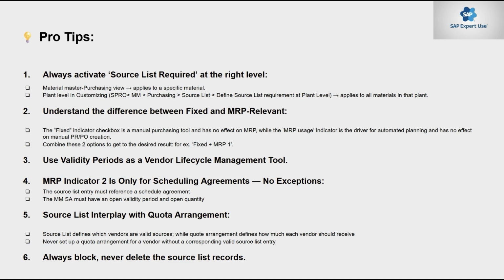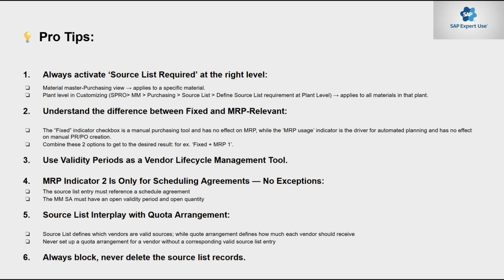There is always the question whether to block or delete a record in the source list. When a vendor relationship ends or a source needs to be temporarily suspended, consultants often debate whether to delete the source list record or to set the blocked indicator. The answer for any production system is always block, never delete.